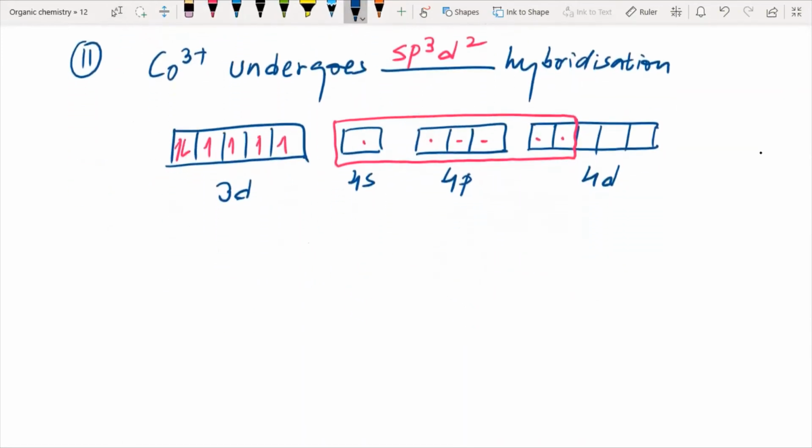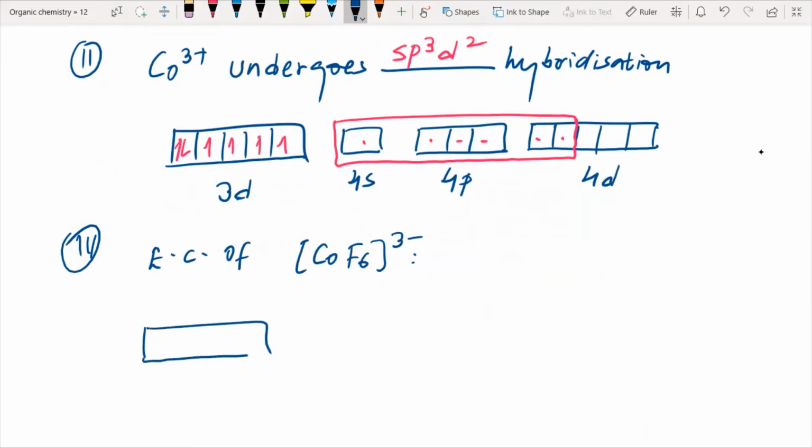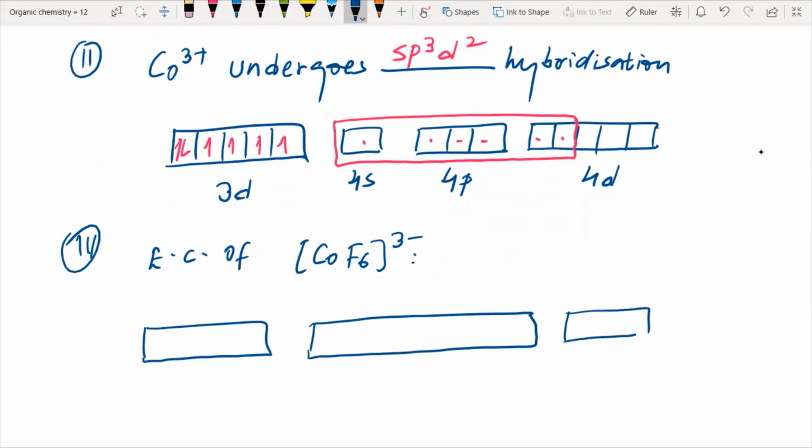Now we can write the electronic configuration of the hexafluorocobaltate 3 ion. So your 3d orbitals, and here we have 6 orbitals of sp3d2 and 3 vacant. Six are like 1, 2, 3, 4, 5, 6, and 4 and 5. Yes, done.